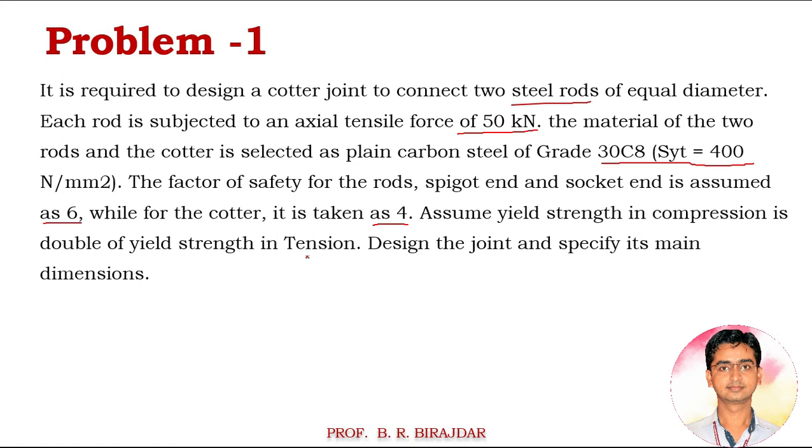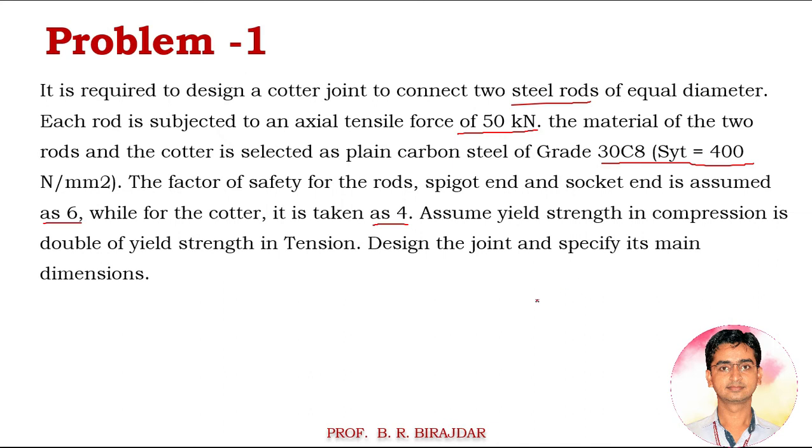This is another assumption they made. Yield strength in compression, that is the sigma C, we can consider it double that of the tension. Whatever the load taking capability of this material, it is double in case of the compressive load than that of the tensile. So this is one assumption.